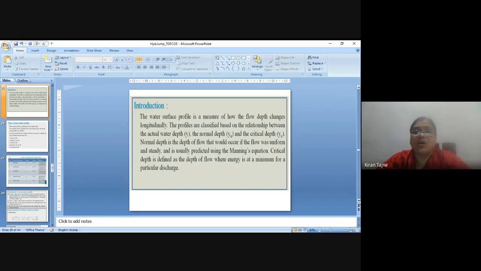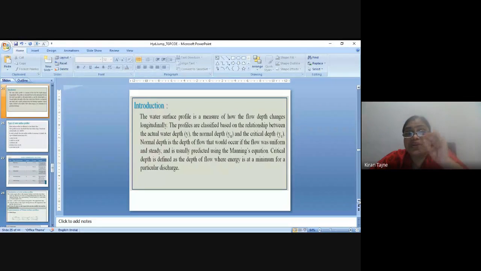Longitudinally means along the length of the flow. The profiles are classified on the basis of the relationship between the actual water depth, denoted by small y, the normal depth, denoted by yn, and the critical depth, yc.